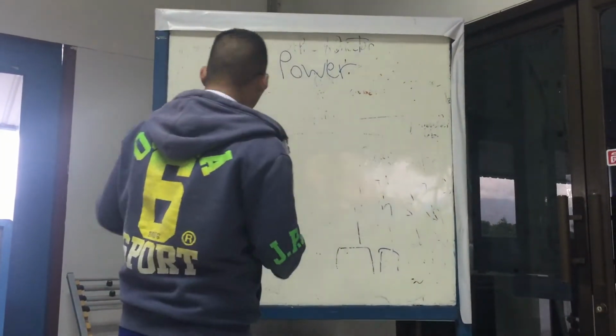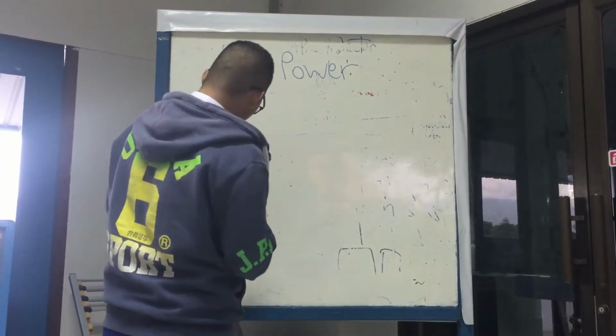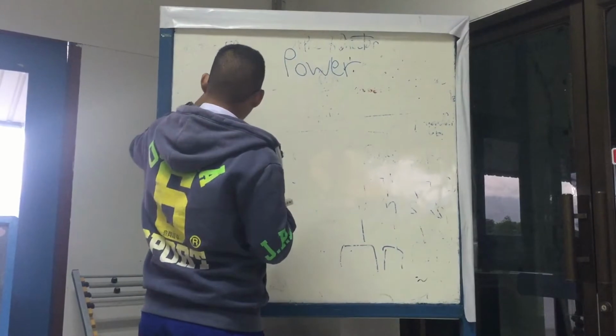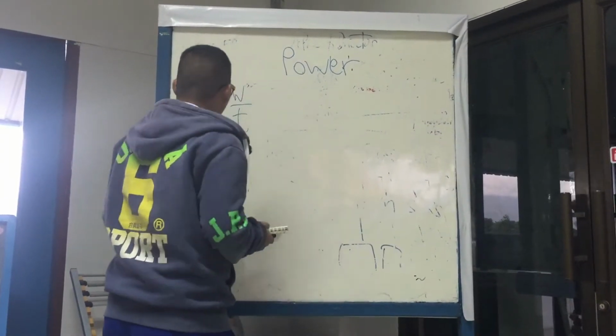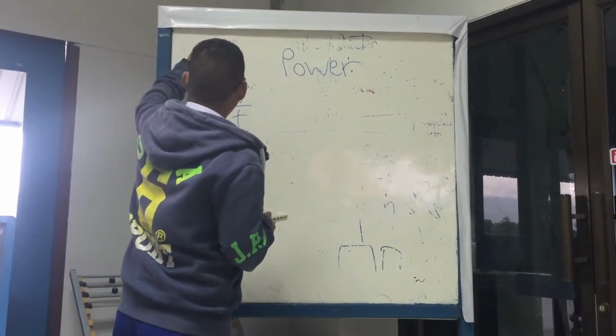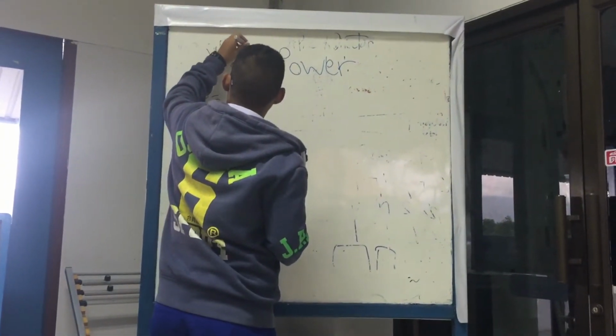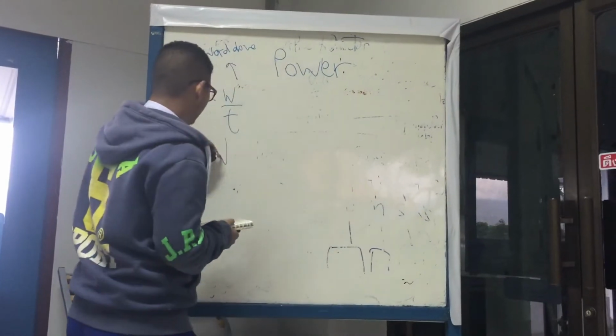The formula we use in power is P equal W over T. W is work done. T is time.